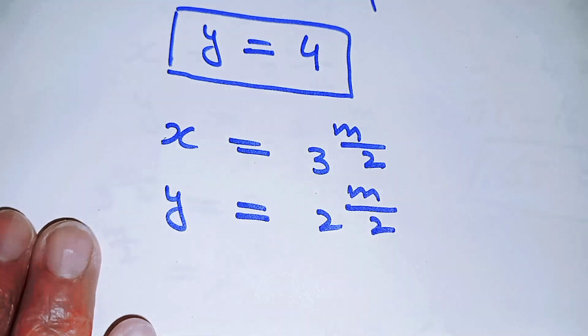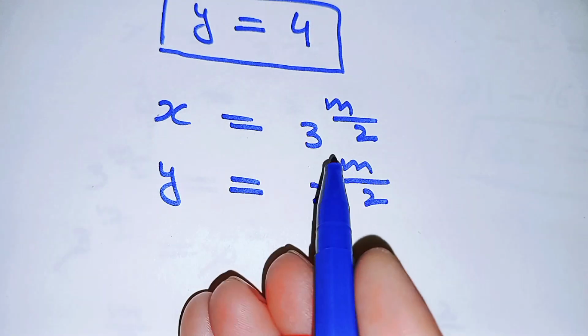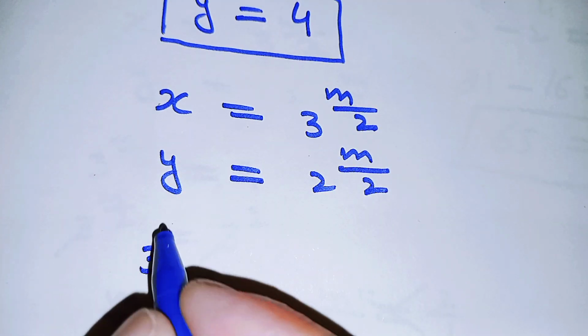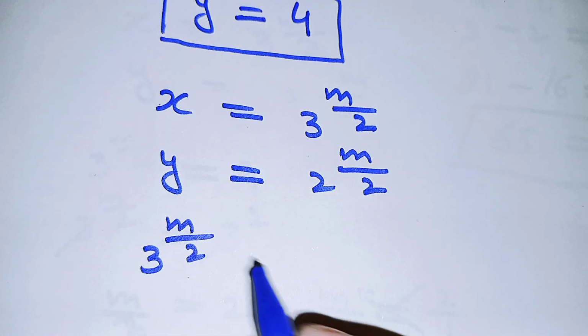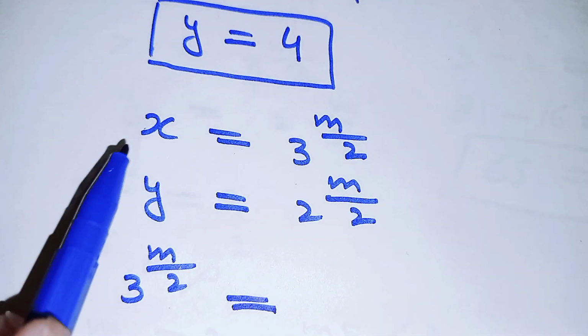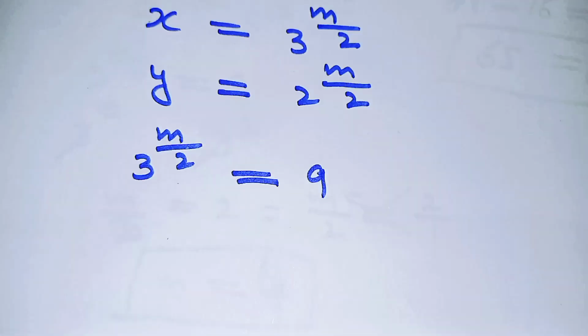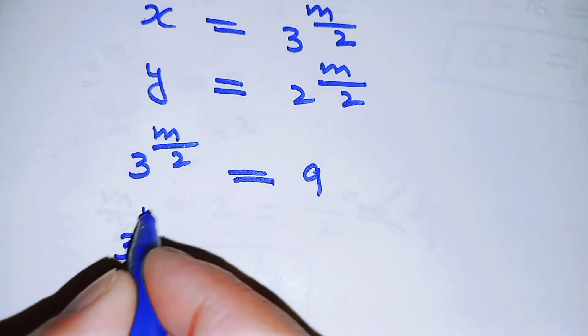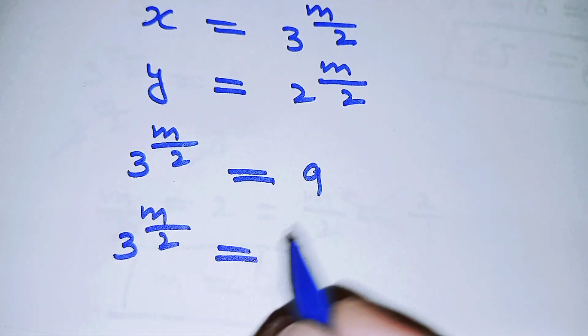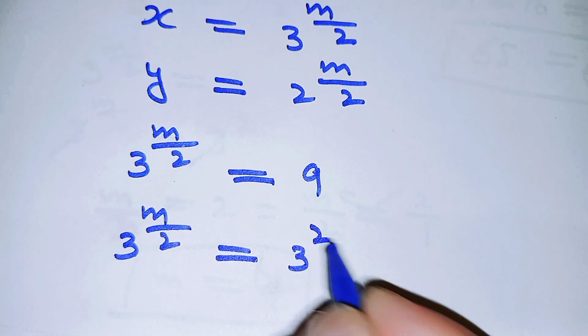So we put 3 to the power of m over 2 is equal to the value of x, which is 9. Now 9 can be written as 3 square.